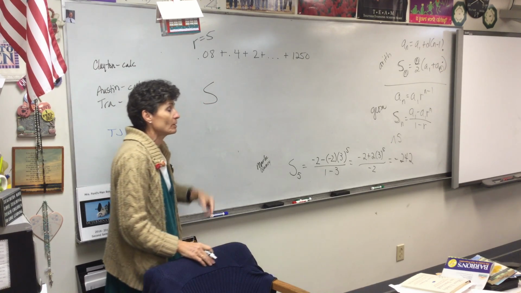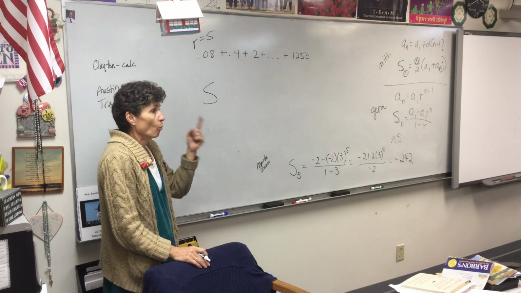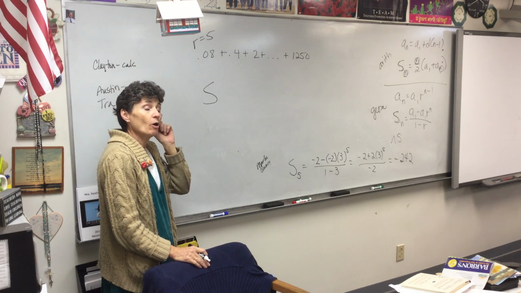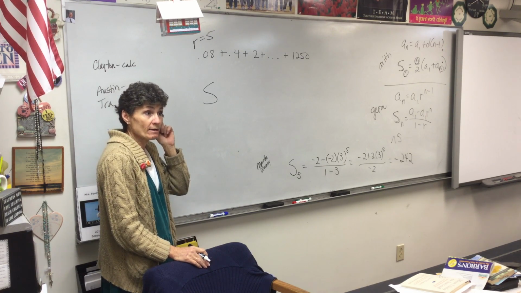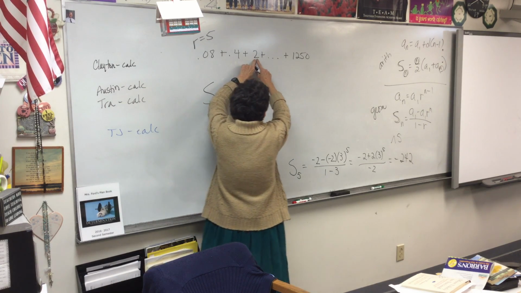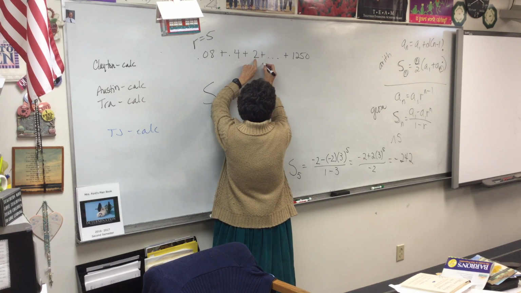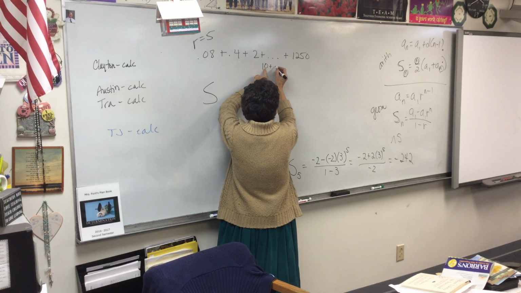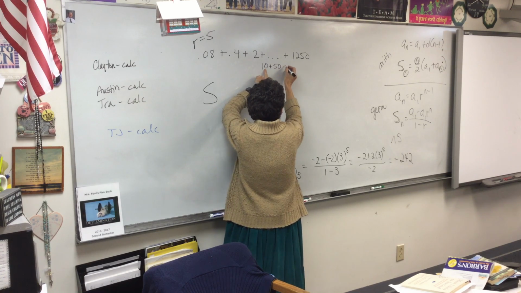Now you have a couple of choices. One is, you already know how you're making these terms, right? You are timesing by 5. So what would be the next term here? 10. And then what? 50.